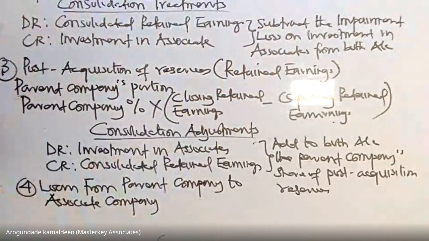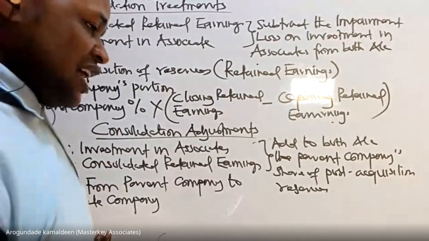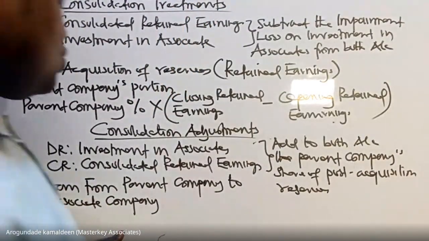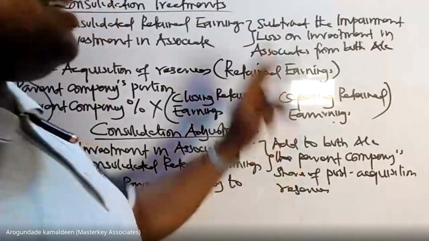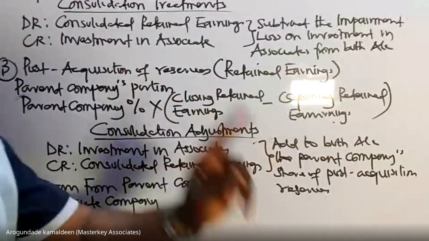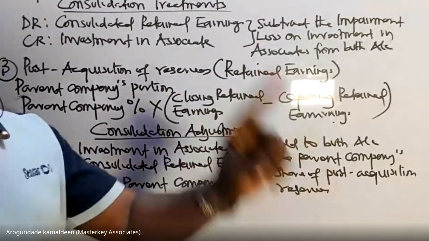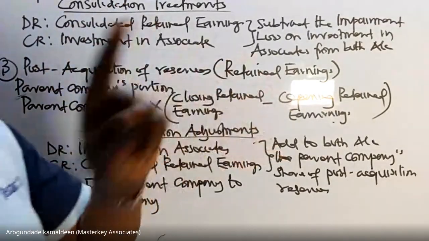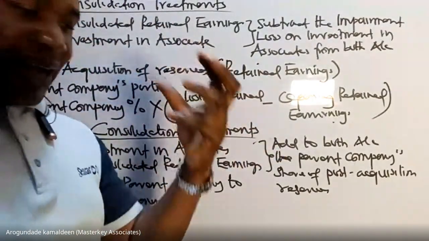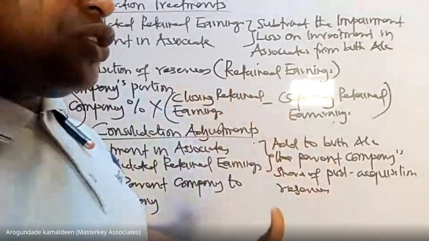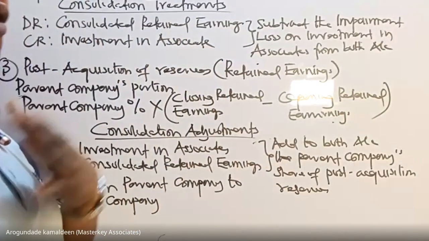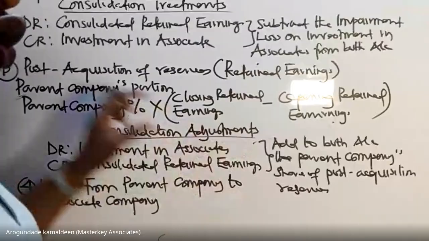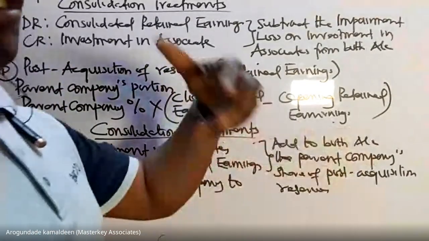So, according to IAS 28, the loan from the parent company to the associate can be treated in two ways. Number one, you can add it to the cost of your investment in associate. If you look at the equity method I showed you earlier, I prefer to add it. So it is the last thing there: loan to the associate.